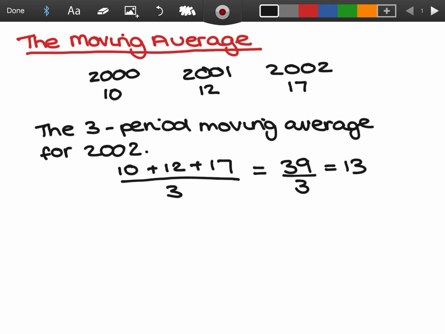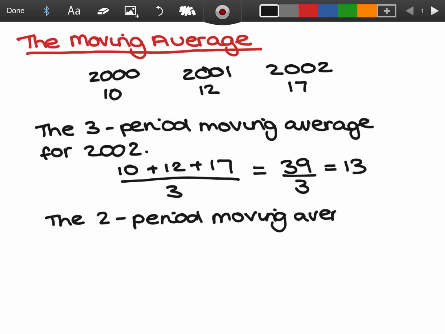If I wanted the 2-period moving average for 2002, I just take the number that I observe in 2002 and the period before it, because I only need 2 periods now. So I start at 2002 and work my way back so that I have 2 periods. I'm just looking now at 2002 and 2001.